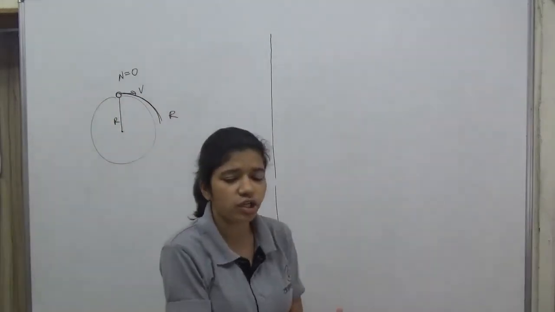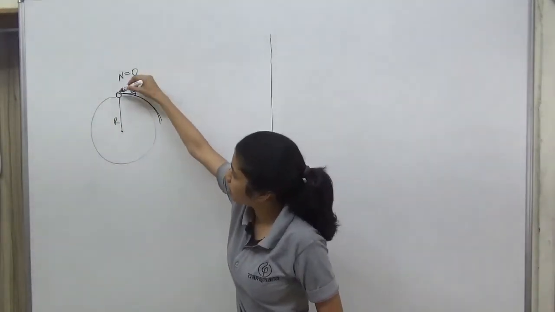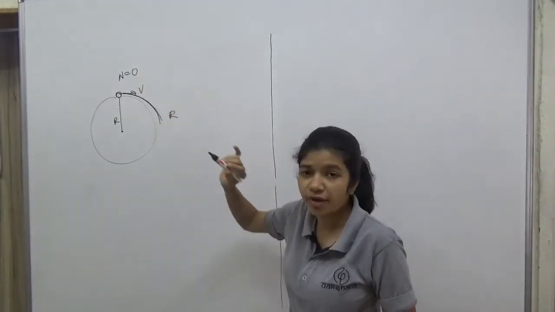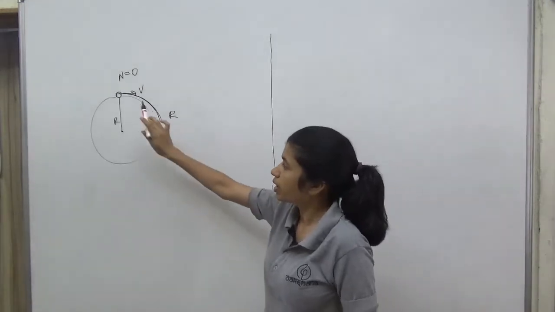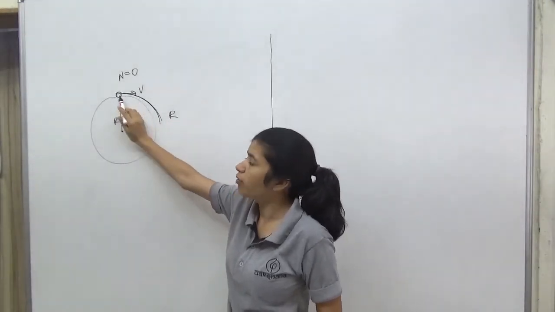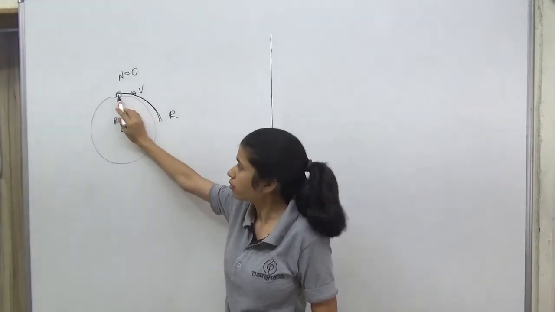So smallest condition will be what? That it is moving side by side of this sphere of radius r. So we can say that this disk is moving on a circular path of radius r and normal force is 0 here itself. Clear?